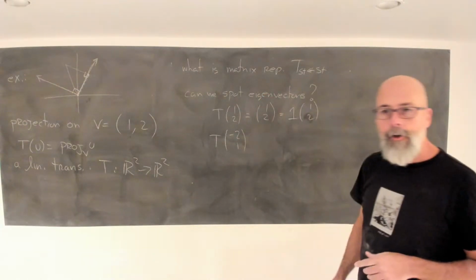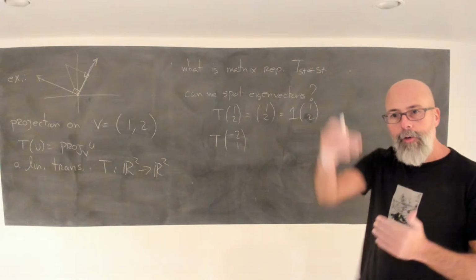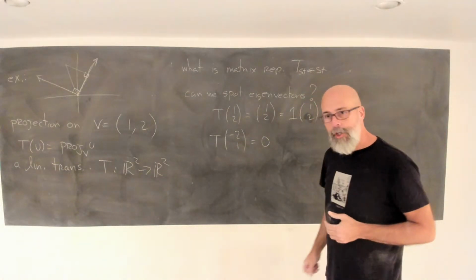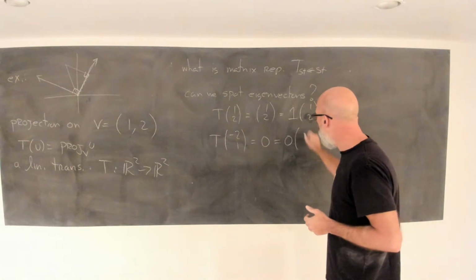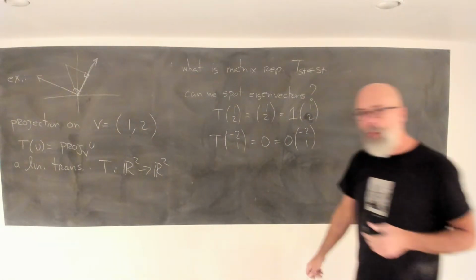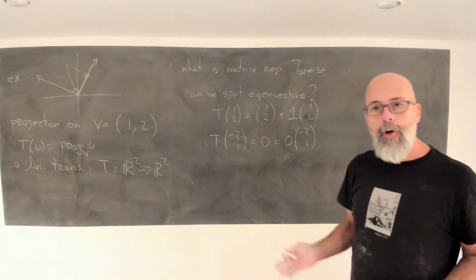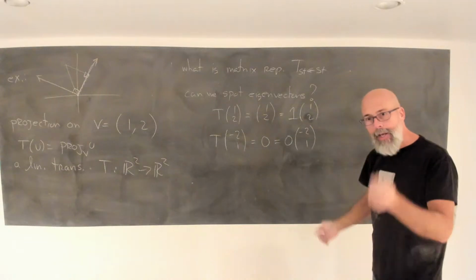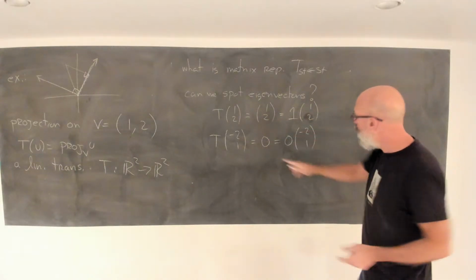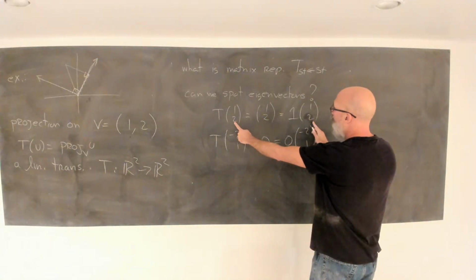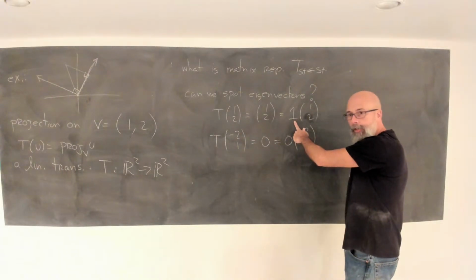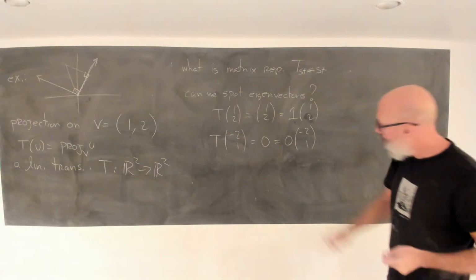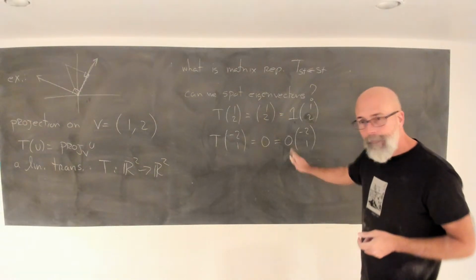Minus 2, 1. Minus 2, 1 is orthogonal to 1, 2, so it gets projected to the 0 vector, or 0 times minus 2, 1. And that's all you need. You're done. In the ordered basis of eigenvectors, 1, 2 is an eigenvector associated to the eigenvalue 1. Minus 2, 1 is an eigenvector associated to the eigenvalue 0.